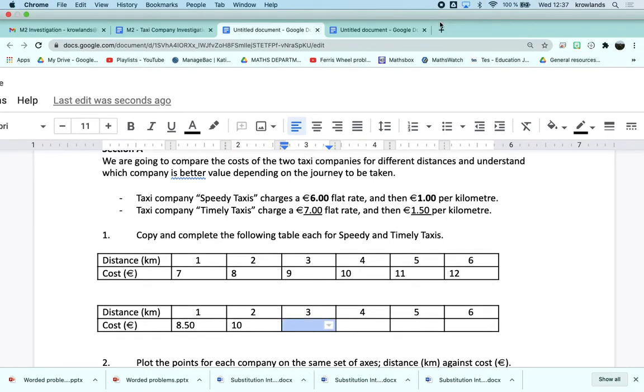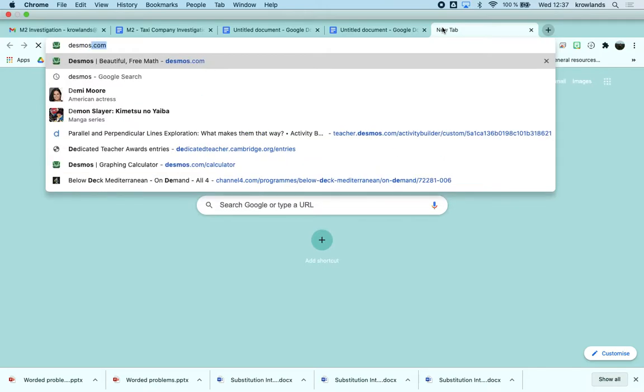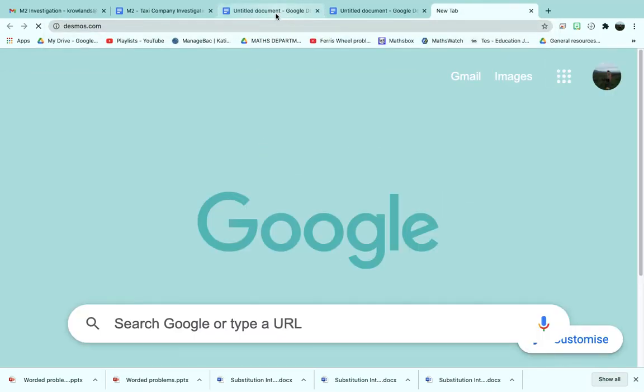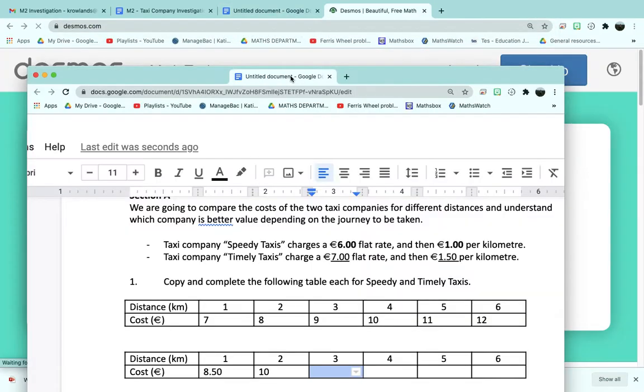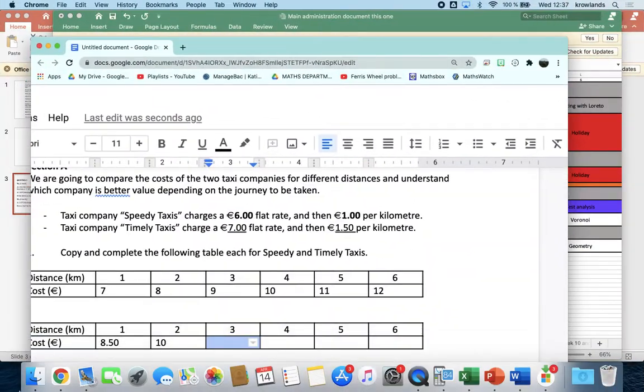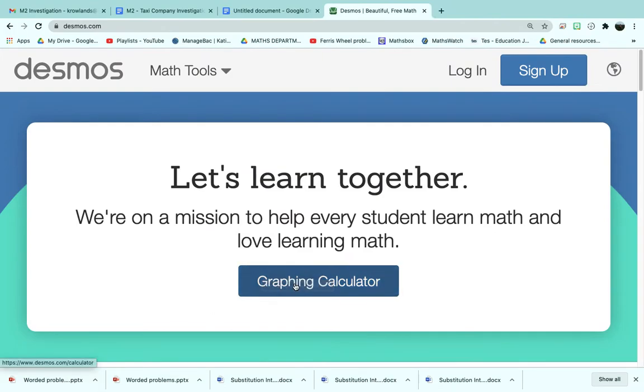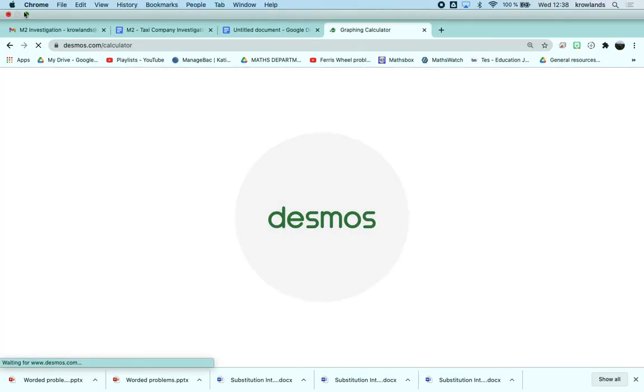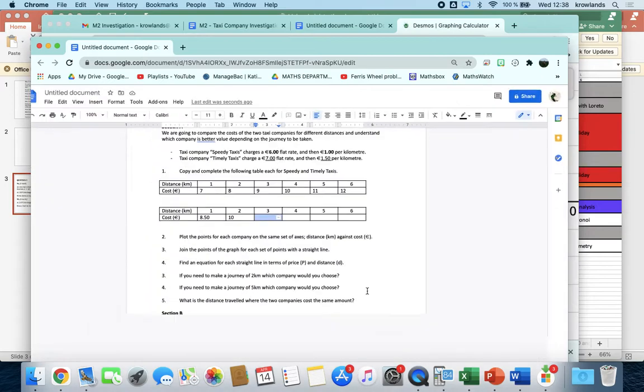What you then need to do is go onto Desmos and put this side by side. So let's put the table on one side, and then on the other side we're going to put Desmos.